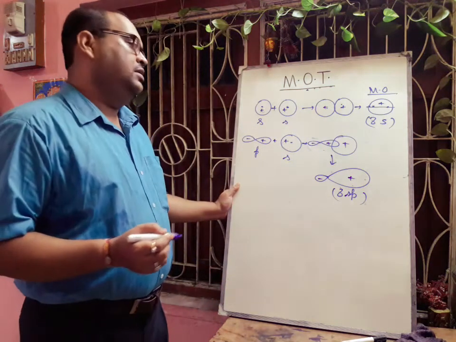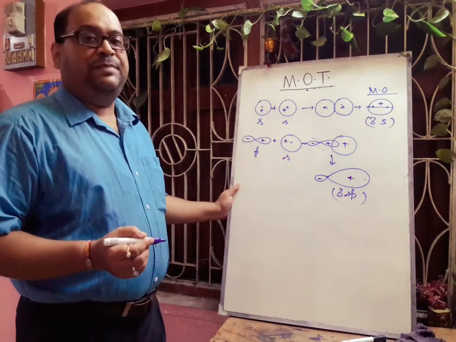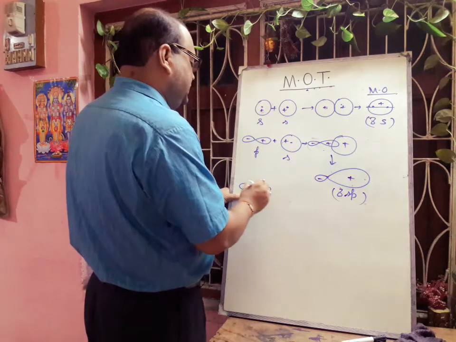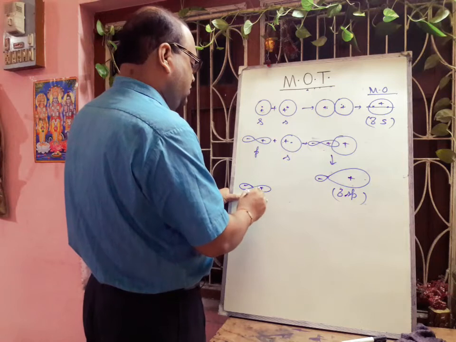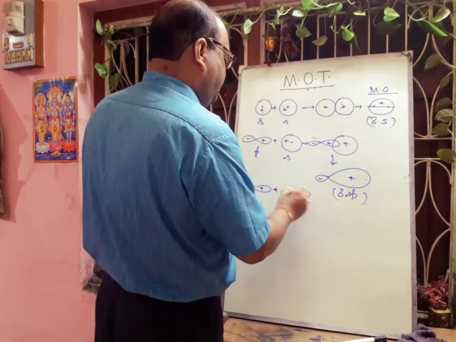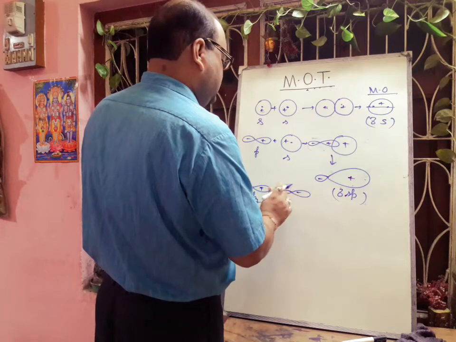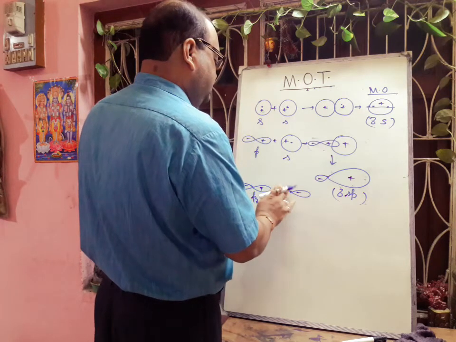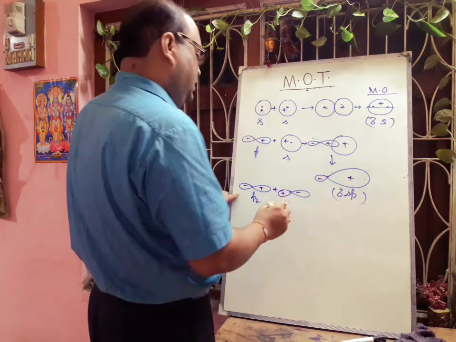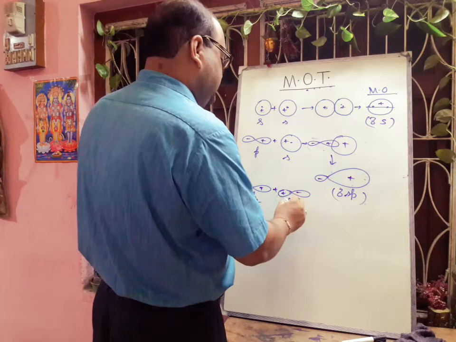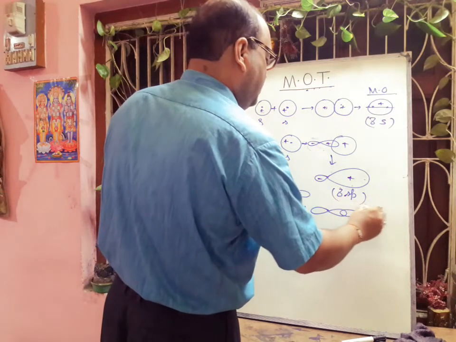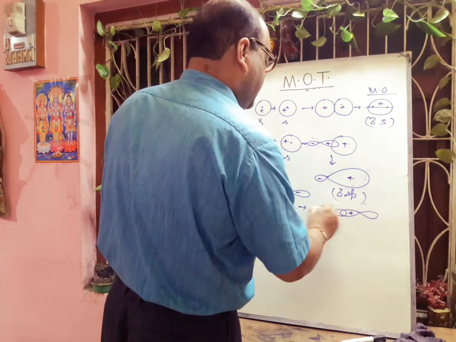Next, there is pp overlap. Suppose we draw two p orbitals, pz, this one is plus minus, this one is pz, and these are head-on overlap, definitely plus minus, the same phase. If they combine, this is also pz, then definitely there will be overlap. Plus, minus.